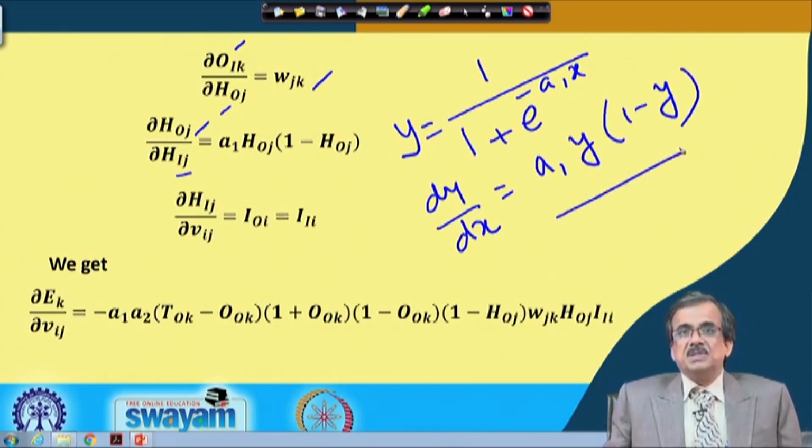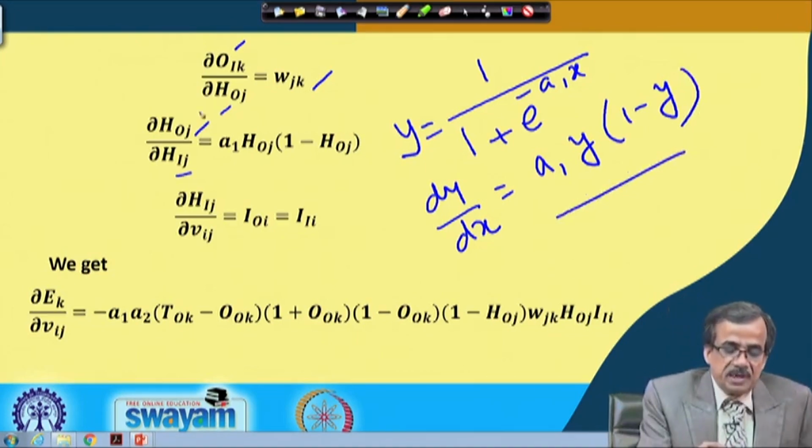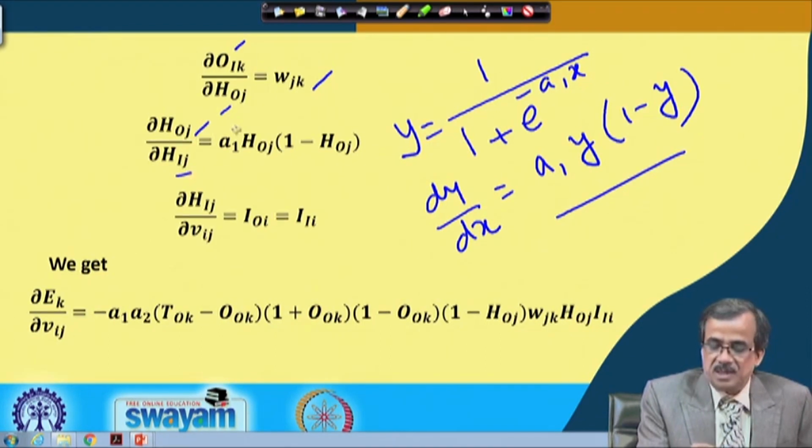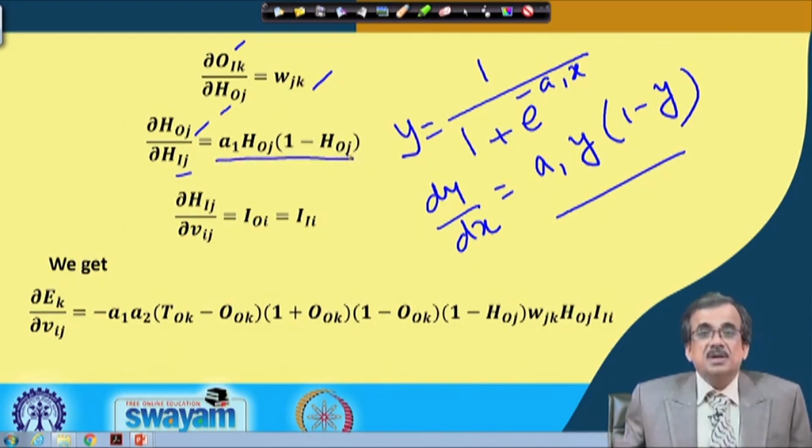And once you have got this expression, very easily you can find out that the partial derivative of H_Oj with respect to H_Ij is nothing but a1 H_Oj multiplied by (1 minus H_Oj).